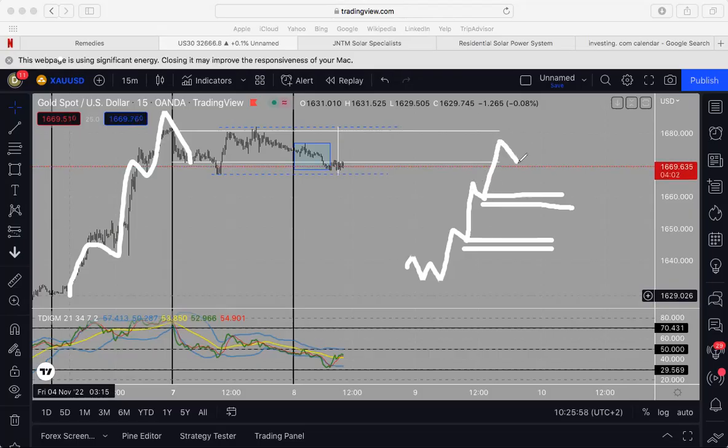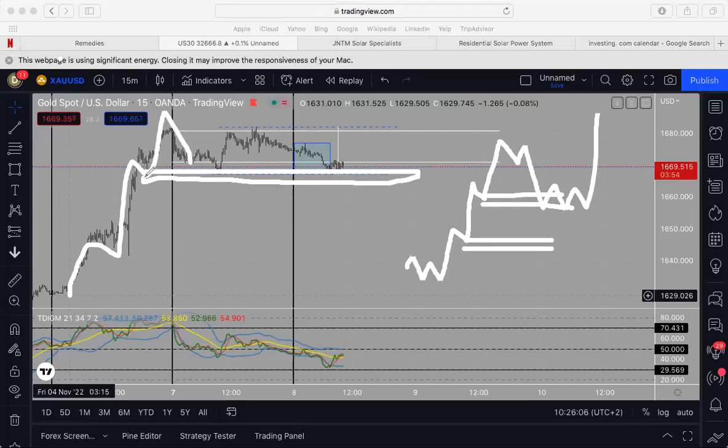The third level is generally where the reset occurs. That will so happen to line up with the 200 EMA crossing over and so forth.